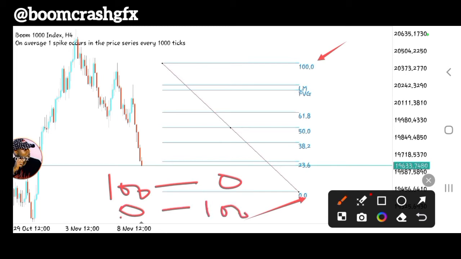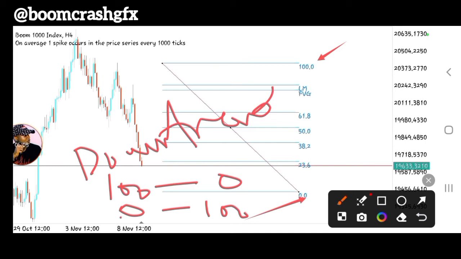For a downtrend movement, you'll be drawing from the peak to the low by drawing the Fibonacci from 100 to 0. This is for a downtrend movement.